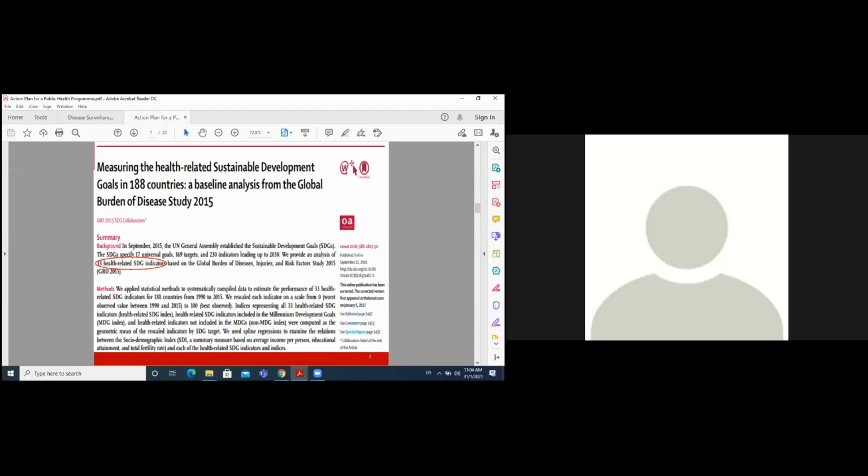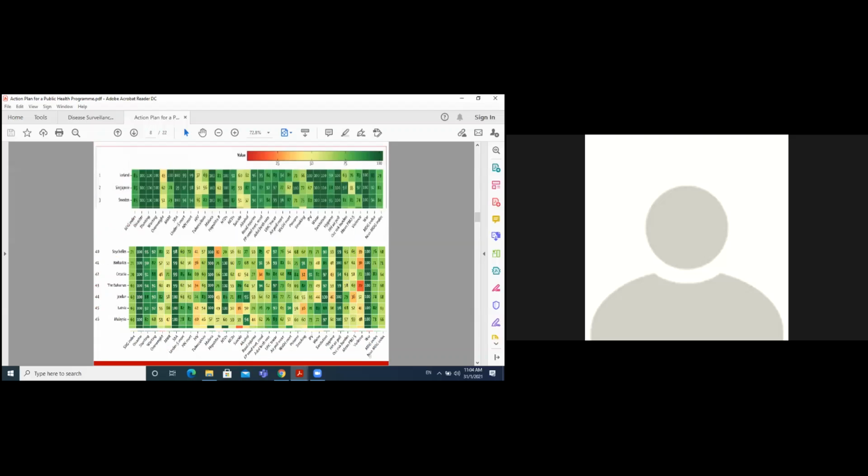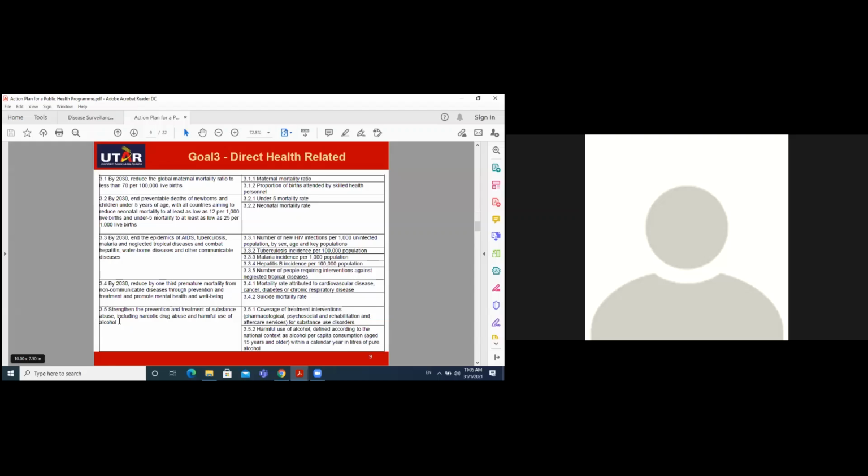Out of these 188 countries, you could see Malaysia falls at number 46, in the second quartile range, to achieve this SDG. Goal number 3 is directly health related. So this is the SDG related to Malaysia.